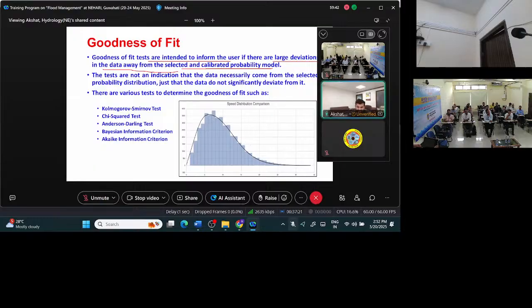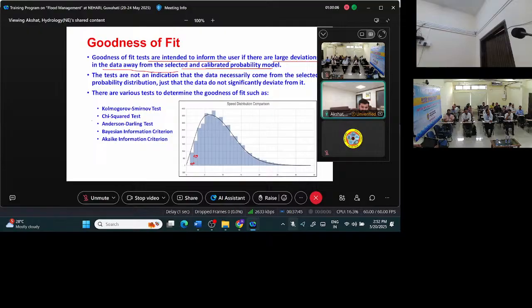And what are these bars in between? This is the frequency distribution of our data. What is frequency distribution? If you remember in your class 9th, 10th or 11th, if we have data, we used to put them in small bins.